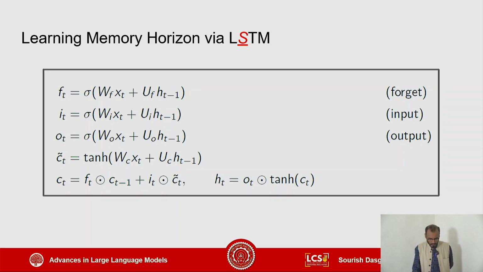What we are saying is that we do not want the input to overemphasize a particular aspect of the memory that is already present. So don't try to re-emphasize something that is already present in the incoming memory of that cell. That's why you have an input gate, which takes care of some sort of redundancy, if at all there could be a redundancy.